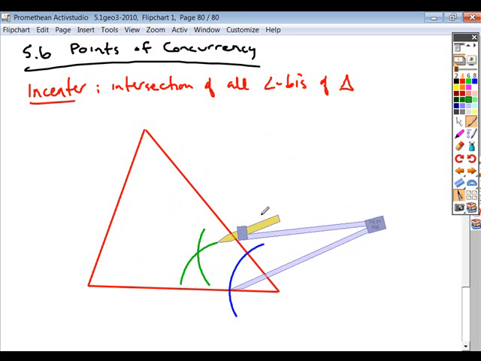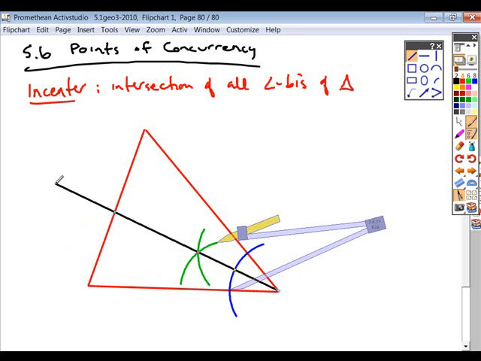And so really what I did right here is basically the rhombus method. And if I were to connect these two intersections and then the intersection of these green arcs, that would form a rhombus. Okay, however, if I connect it and draw a straight line back through our original vertex, I have my angle bisector.